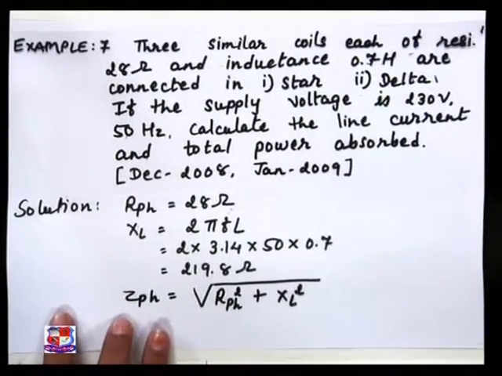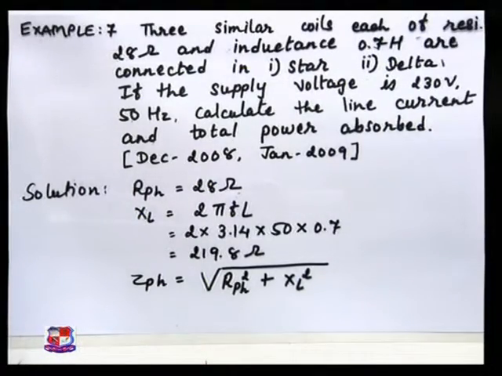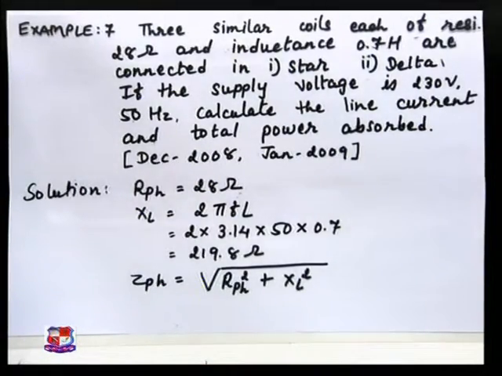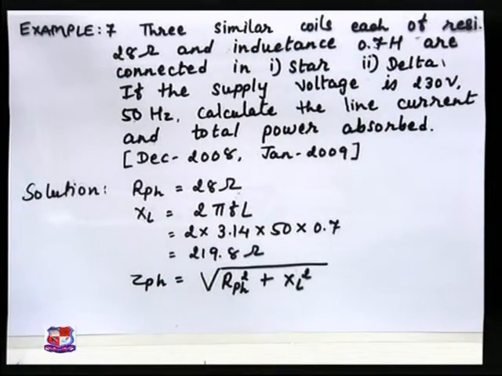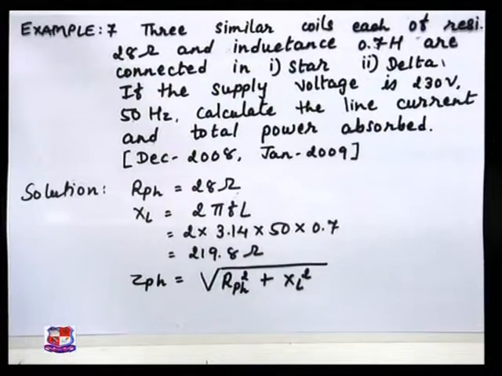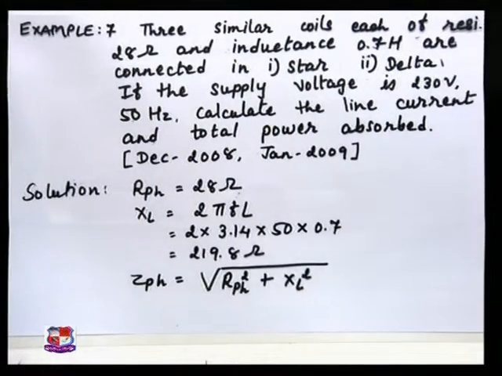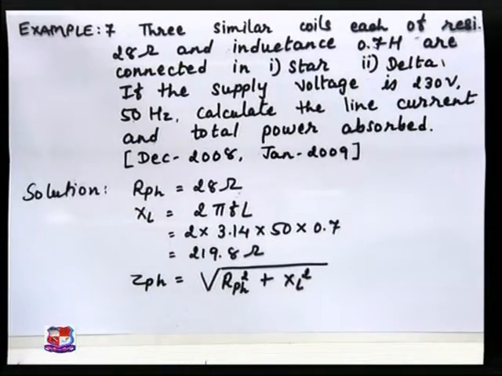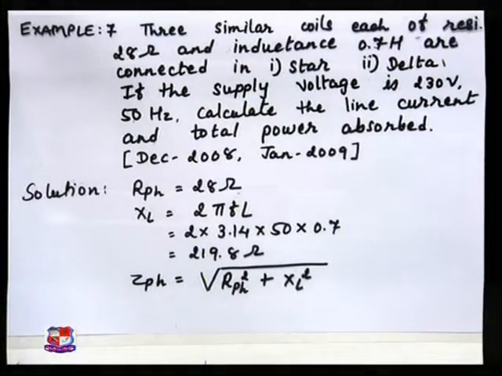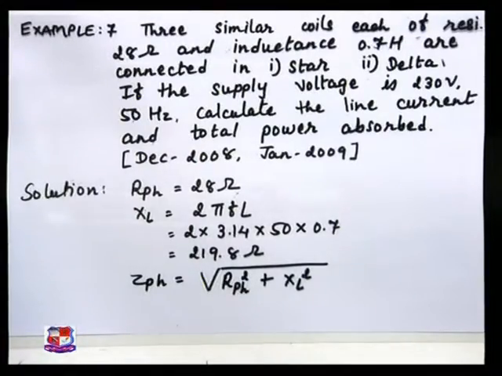Now the value of resistance per phase is given, it is 28 ohm. Inductive reactance XL is equal to 2 pi FL. The values of frequency and inductance are given, so your value of XL is 219.8 ohm. Now you have to find the impedance for the given circuit, which is Z per phase, equal to under root of R phase square plus XL square.